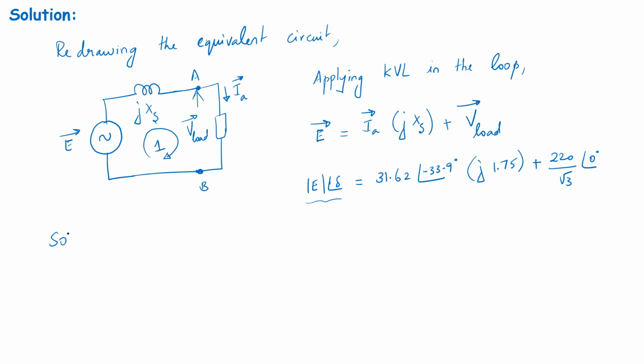So solving the above equation, I have my magnitude E and delta in degrees equal to, let me quickly use my calculator. I'm using a calculator which can solve complex numbers, so you are free to use such a calculator in exams.